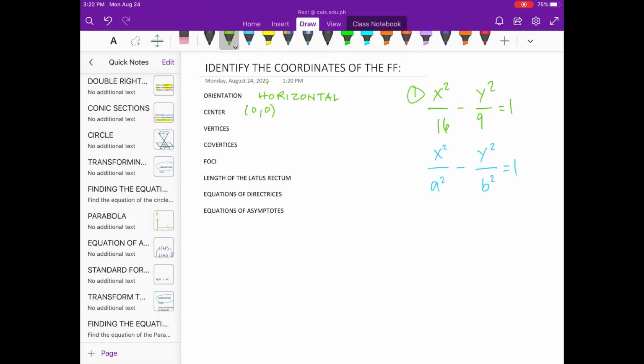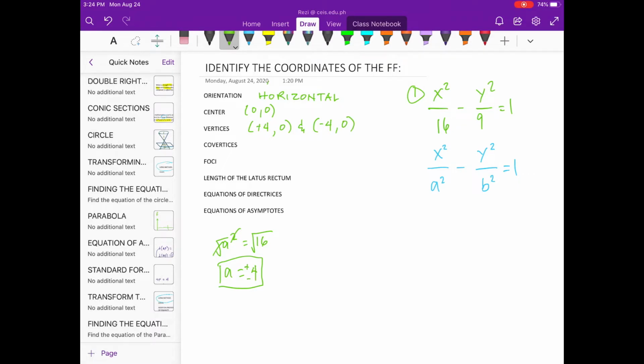For the vertices, let's get the value of a squared. A is along the x-axis, so we have (4, 0), positive, and the other one is (-4, 0).